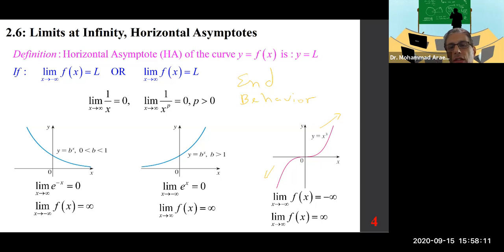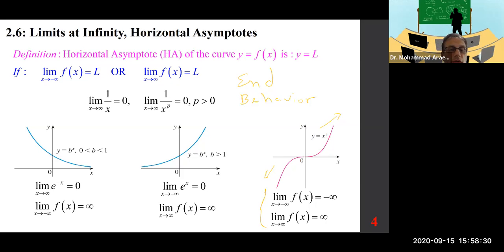So when you look at this one, the limit of f of x as x approaches negative infinity is negative infinity. The limit of f of x as x approaches infinity is infinity. This is something we are familiar with as far as the function f of x equals x cubed is concerned.